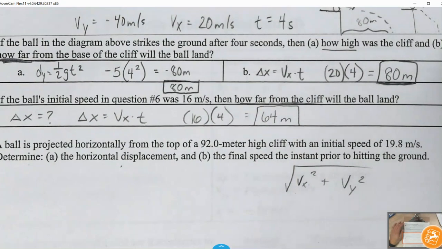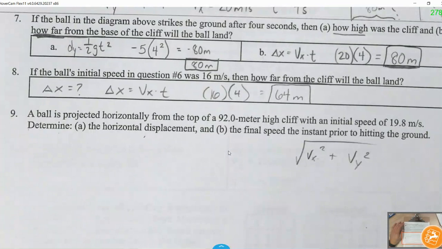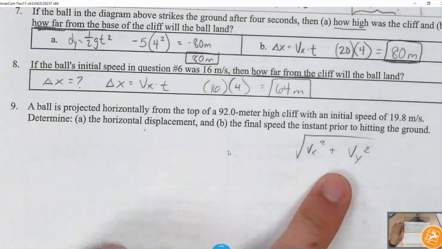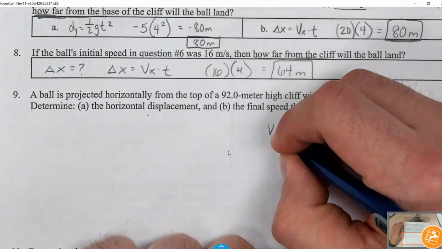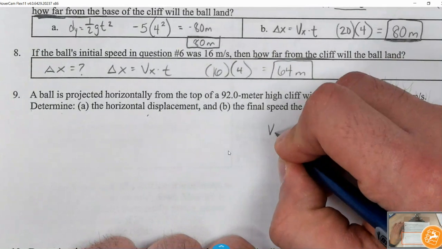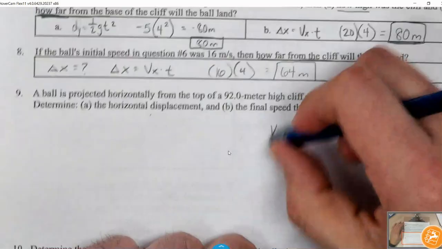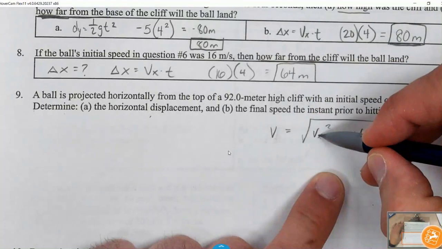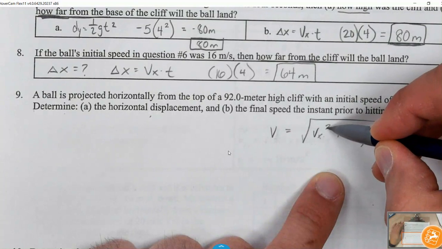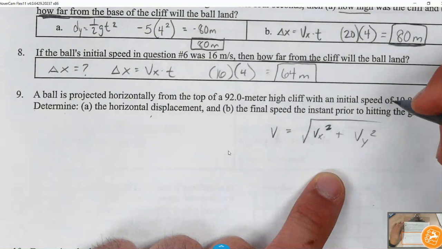All right, let's see what I got here. So we can write this equation down. V will equal the square root of Vx squared plus Vy squared.